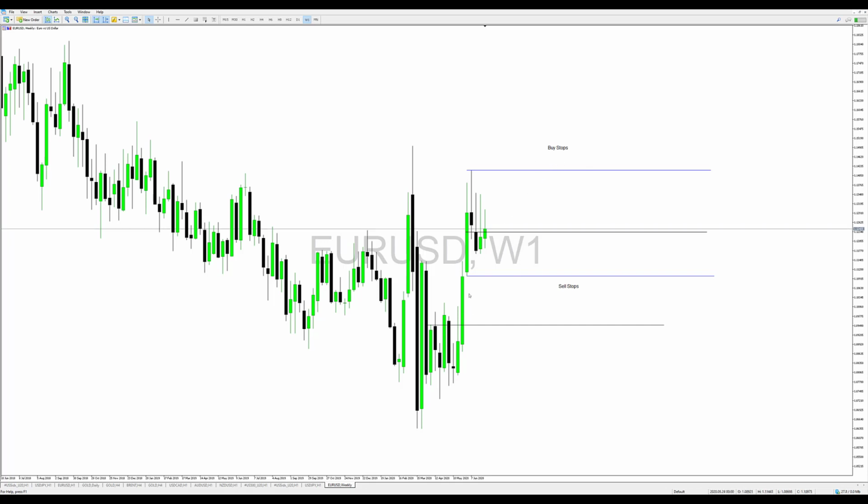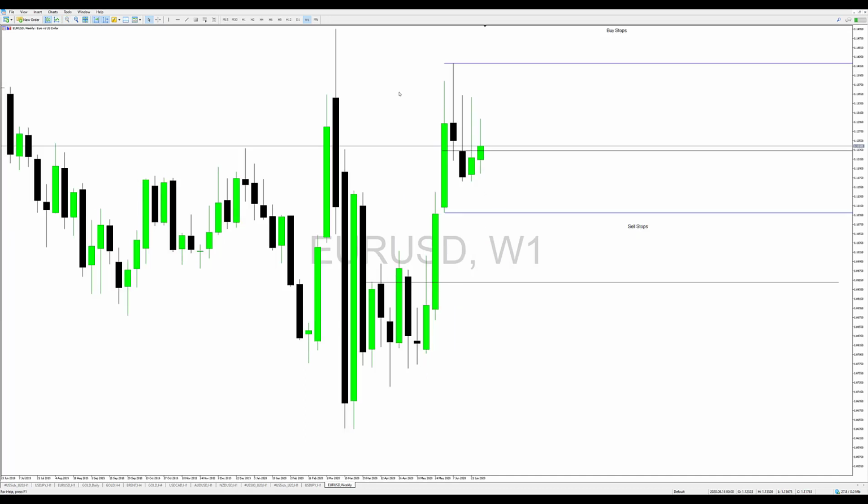So now looking at this structure here, looking at this weekly structure, there's an interesting, you see these two equal lows and this high. We've got a fair value gap here. Now that's interesting. You see, we've got a fair value gap.